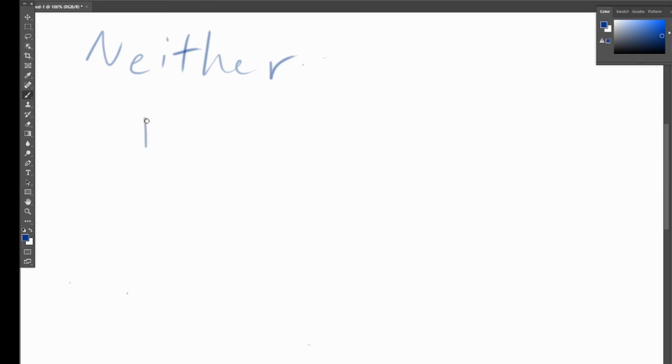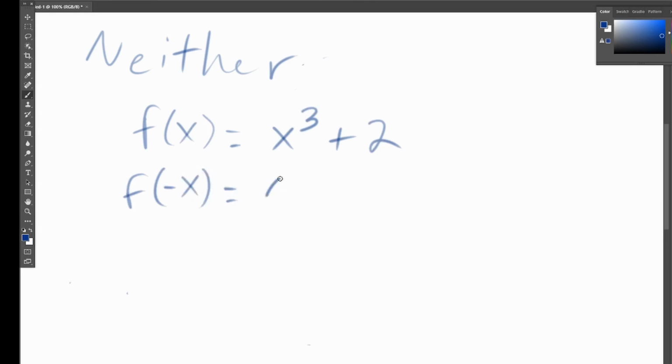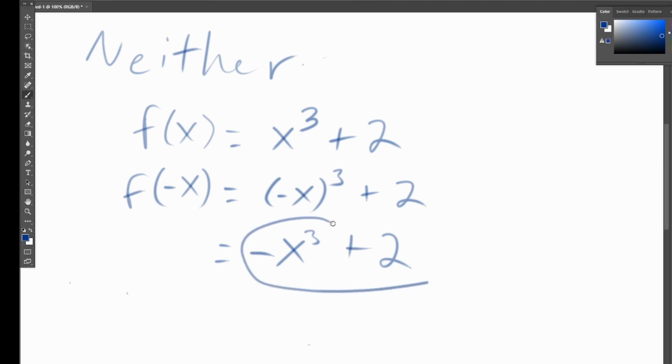We'll go ahead and do f of x equals x cubed plus 2. So if we plug in a negative x into this function, we'll get negative x cubed plus 2, and this will give us negative x cubed plus 2. And so you can see that this portion does not equal this portion here.